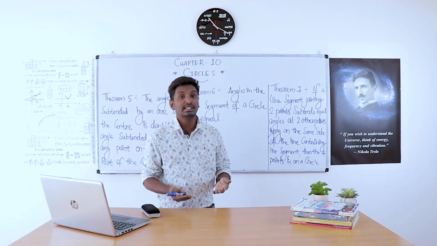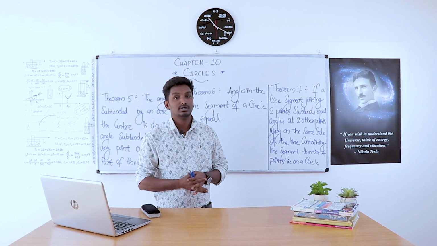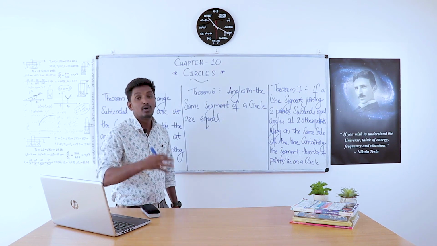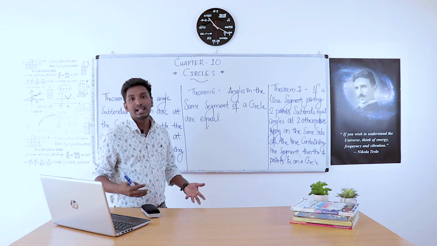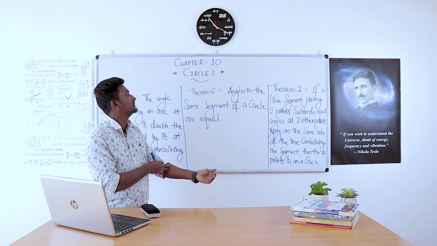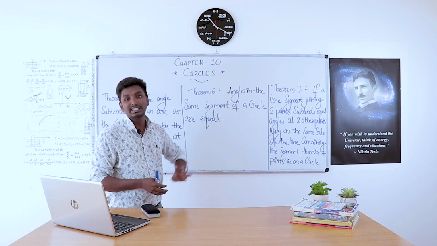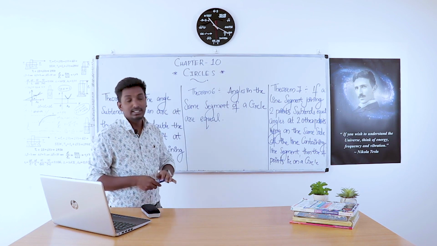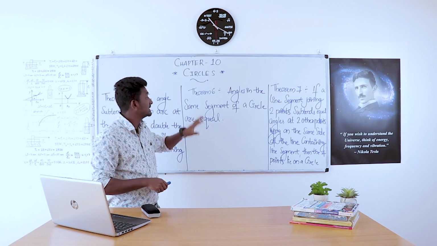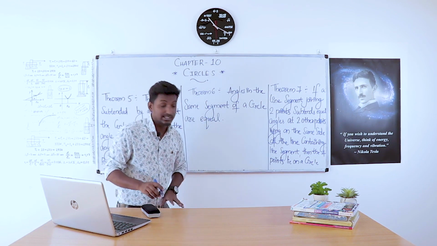Now moving to the next theorems, related to a topic: angle formed in a segment, or angle subtended by a chord in a segment. Related to this, we have three theorems, 5, 6 and 7. These three theorems are related to angles in a segment.